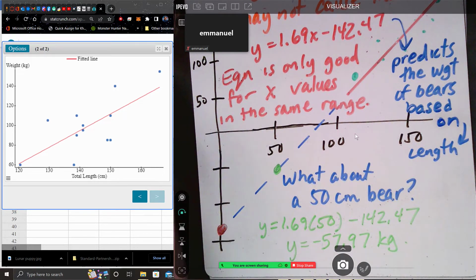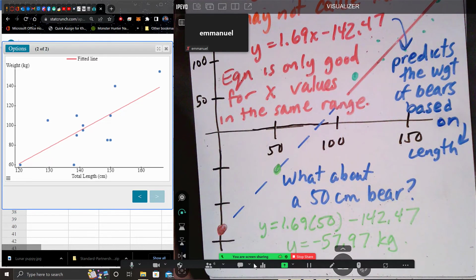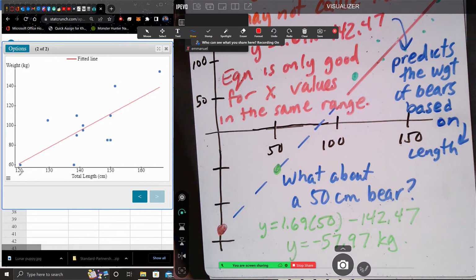So we had like 120. You can see it over here on the left. Let me annotate again. We got 120 right there. We got maybe 165 right here. We might be able to do values between, we can go a little bit outside the range, maybe 100 to 180. But you start getting too far outside the range, the equation stops working. So you got to keep that in mind.